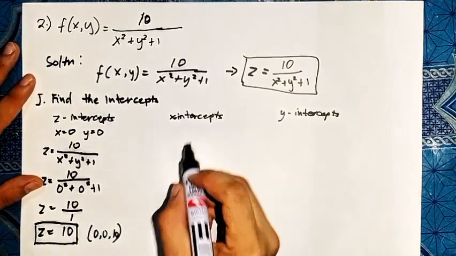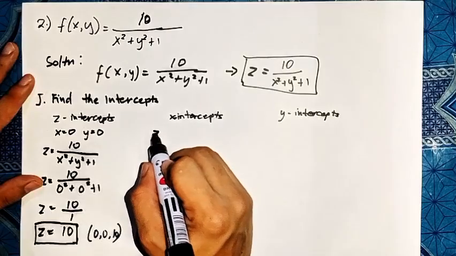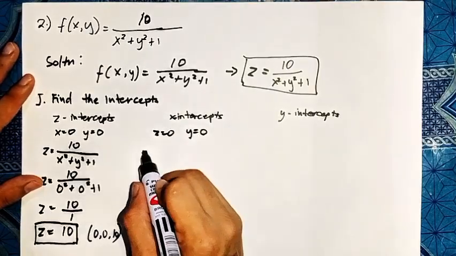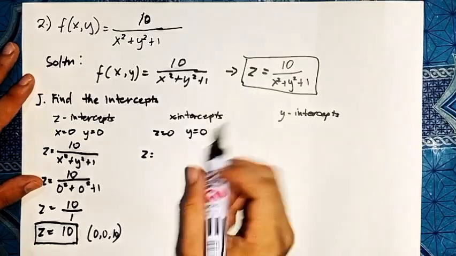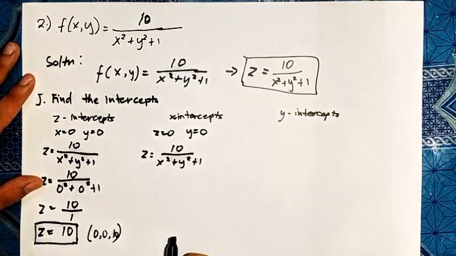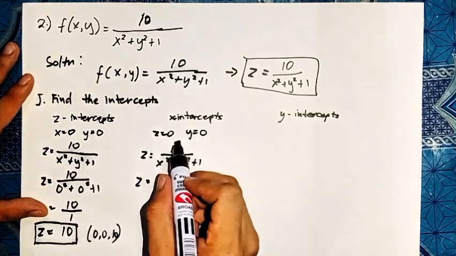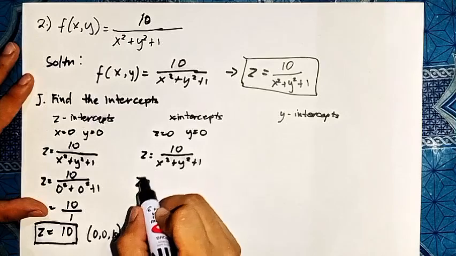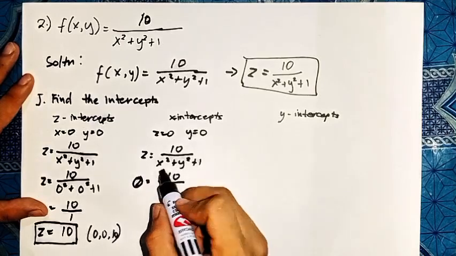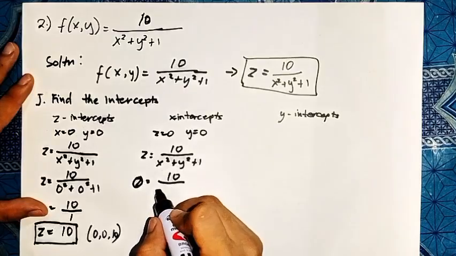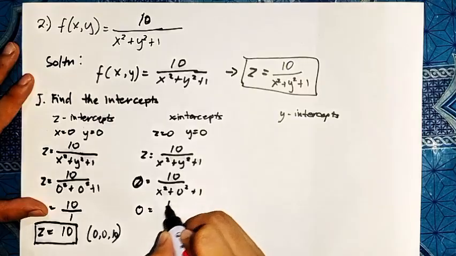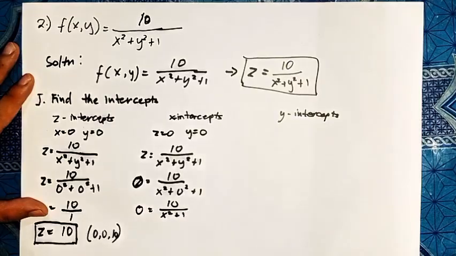How about our x-intercept? For the x-intercept, we let z is equal to 0 and y is equal to 0. So z is equal to, copy again the function, 10 over x squared plus y squared plus 1. Now substitute the value of z and y. So 0 is equal to 10 over x squared plus 0 squared plus 1. So 0 is equal to 10 over x squared plus 1.